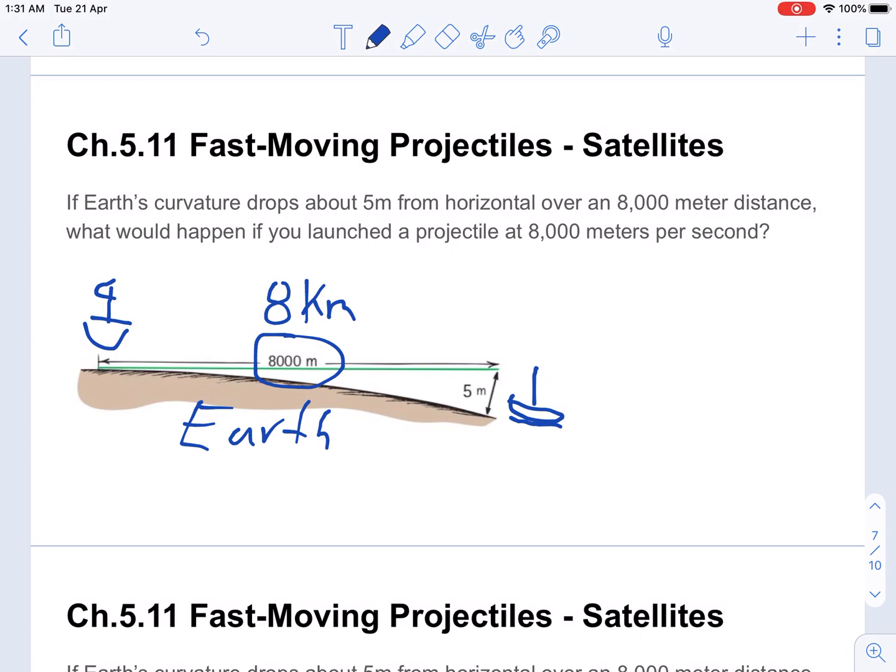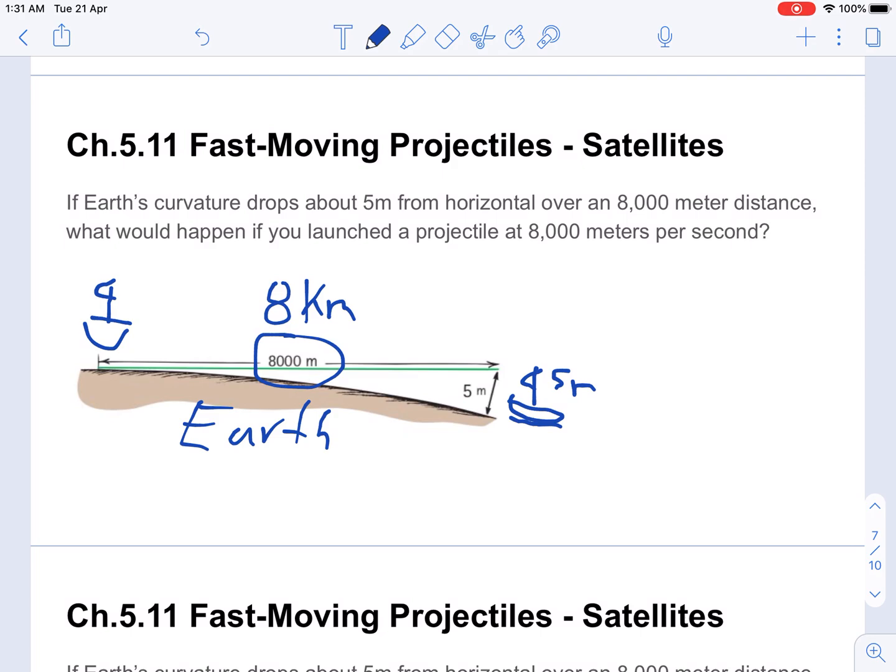If it only had a 5 meter mast, you wouldn't be able to see it. It would literally be hidden below the curvature of the Earth. You would only see what was above those 5 meters. So kind of a cool thing to think about.